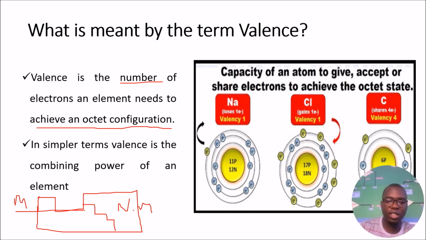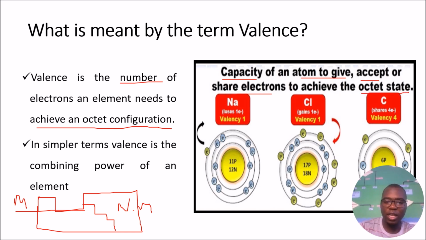Therefore, it is easier for them to lose those electrons in order to remain with an octet configuration. On the other hand, the non-metals have a lot of electrons compared to what they are lacking. Therefore, it is easier for them to gain electrons. That is why valency can be restated as the capacity of an atom to give, accept, or share electrons to achieve an octet state.